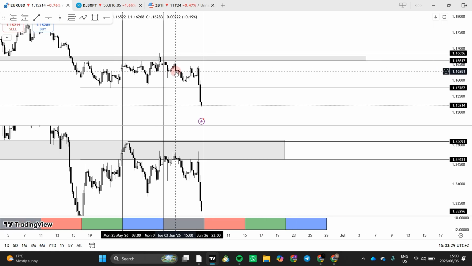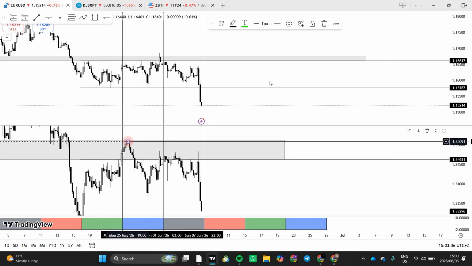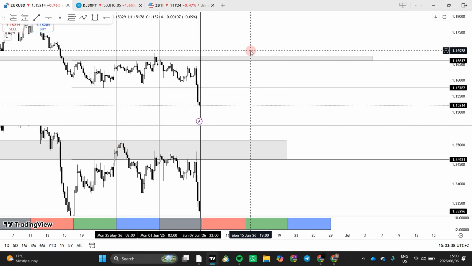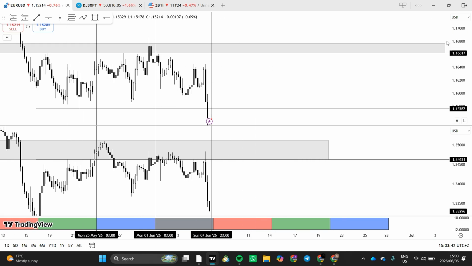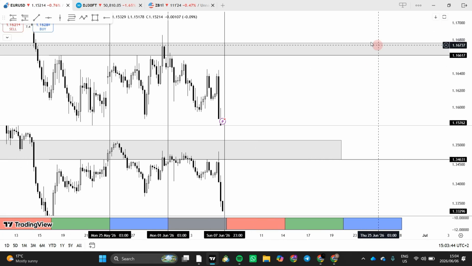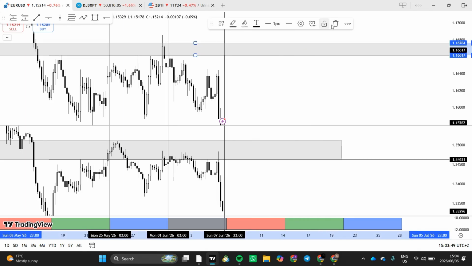I hope you took that into consideration. So let me just go ahead and remove this so that you know that we had a monthly cycle sequential SMT. Now before going further, I want to remove this fair value gap over here.